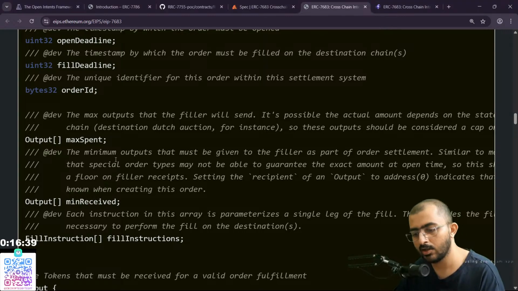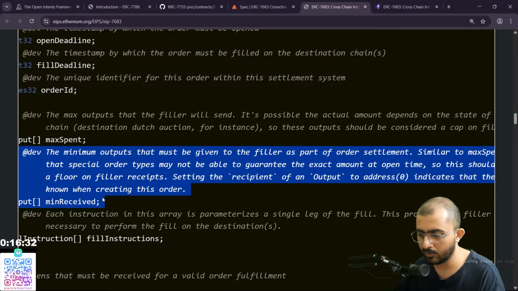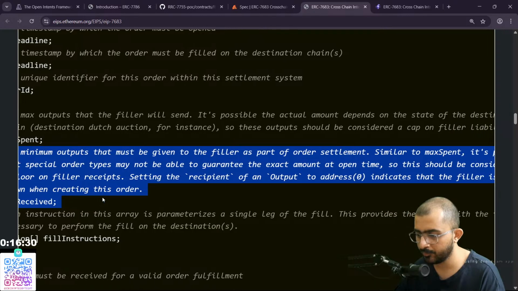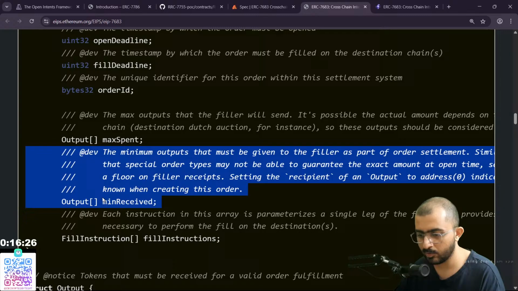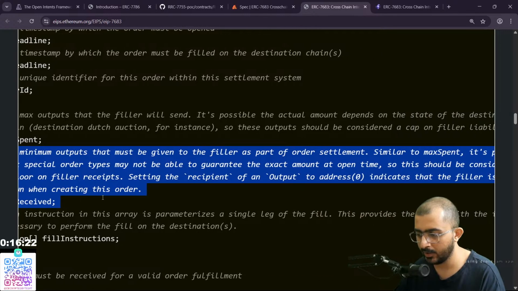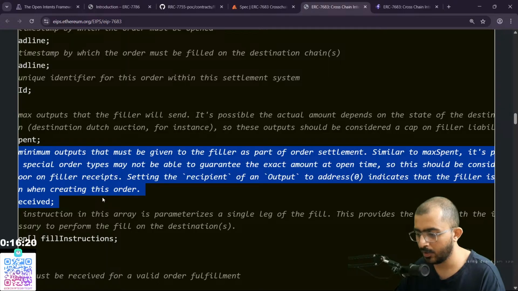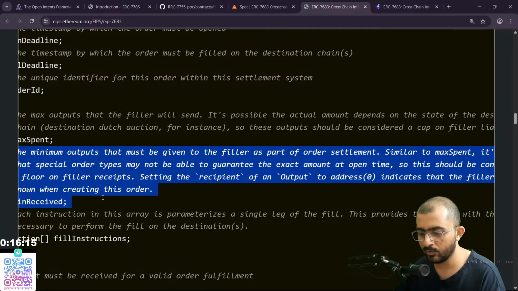Yeah, okay. Let's go to the minimum received field. Minimum output that must be given to the filler as part of order settlement, similar to max spent. It's possible that special order types may not be able to guarantee the exact amount at open time, so this should be considered a floor on filler receipts.